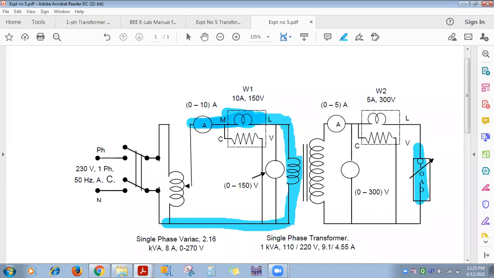For resistive type of load, we have seen no phase difference between voltage and current, means power factor is unity here of this load. Okay, so see, whatever is the load current, same is flowing through this current coil, and load current and secondary winding current are same.